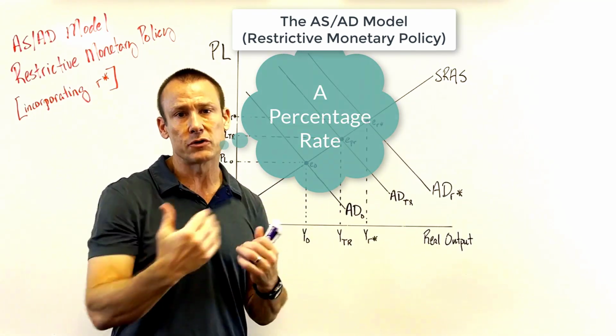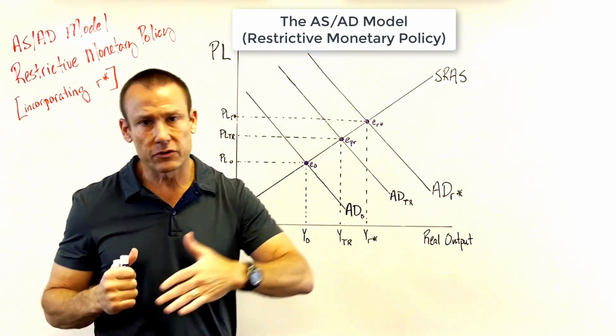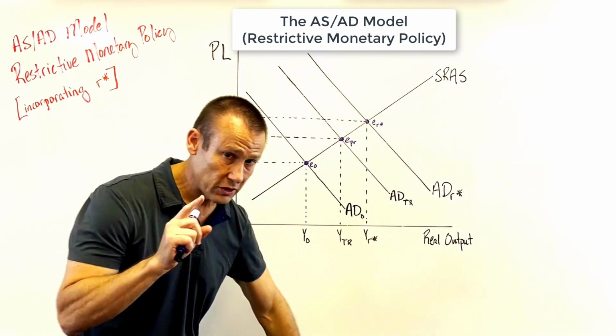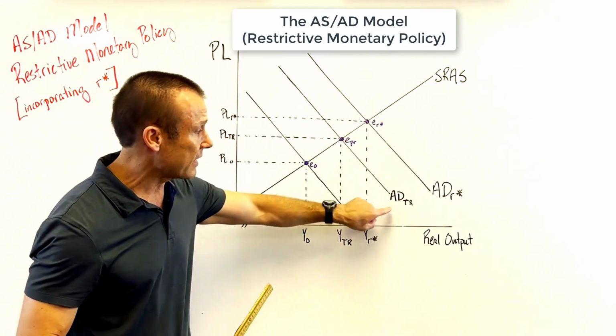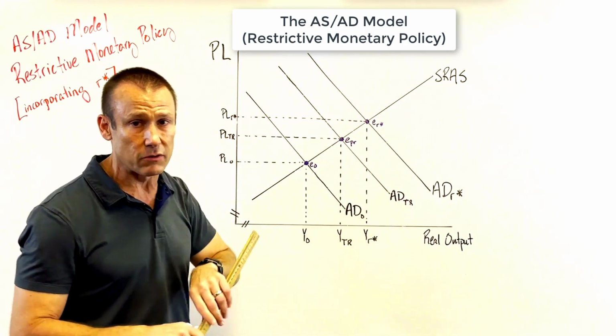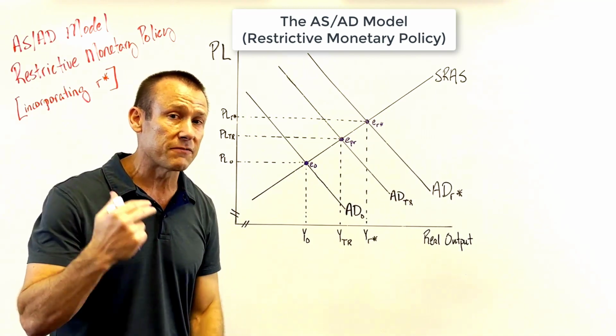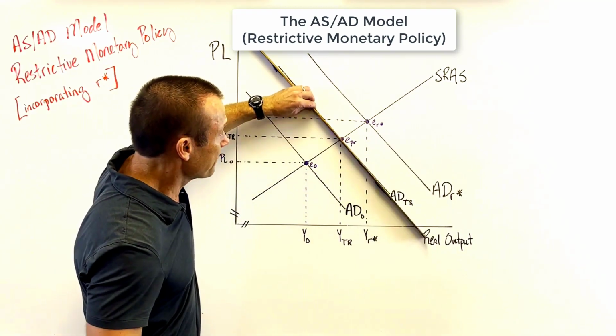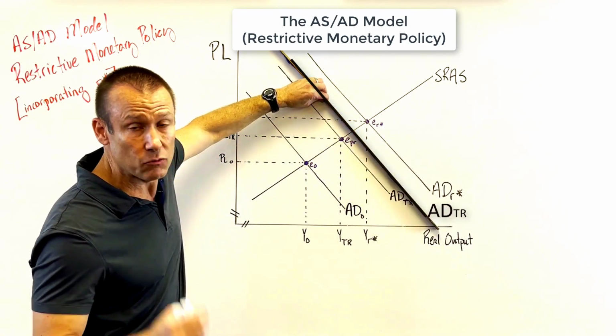Right now, when we talk to our students, if they cut rates at all, we just shift AD to the right, called expansionary monetary policy. Now, we'd still shift AD to the right, but we just shift the AD TR, the targeted rate, to the right. And as long as the Fed believed the targeted rate was still above R star, we could show that they would still be restrictive, okay?